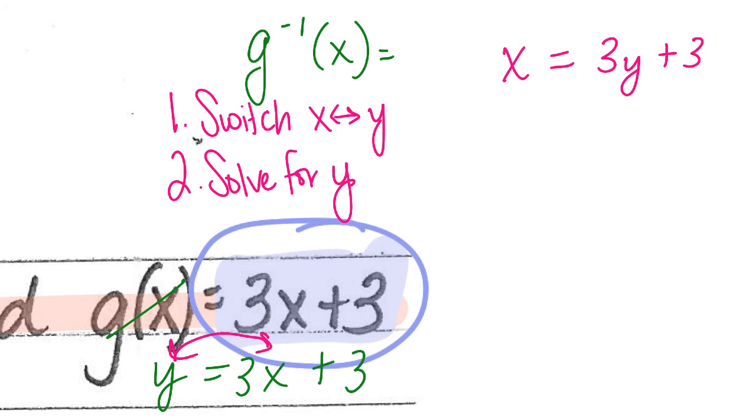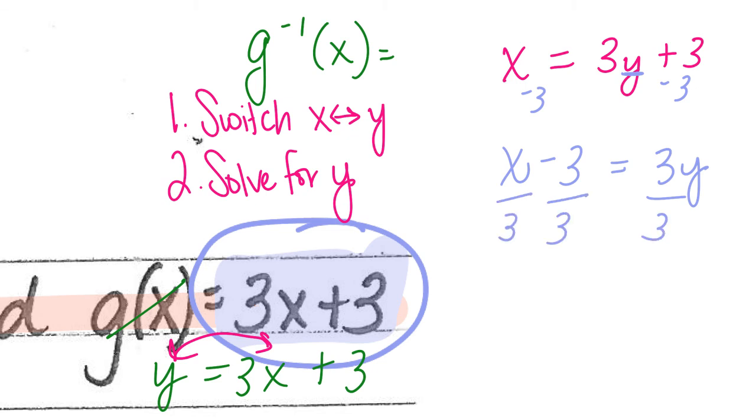So if I was to solve for this y right here, the first thing I would do is subtract 3. X minus 3 equals 3y. And when I divide everything through by 3, I get 1/3 x minus 1 equals y.